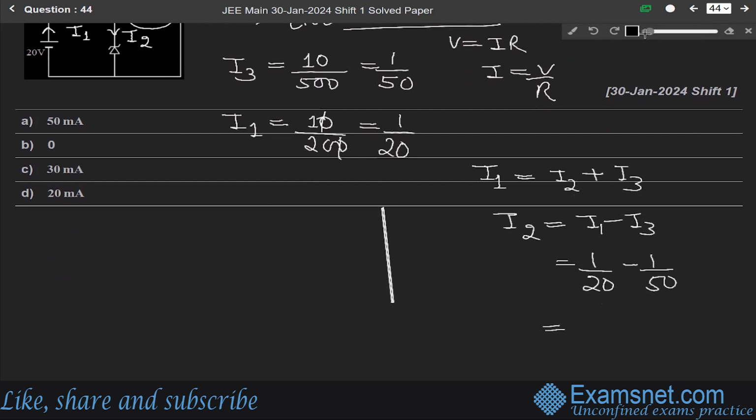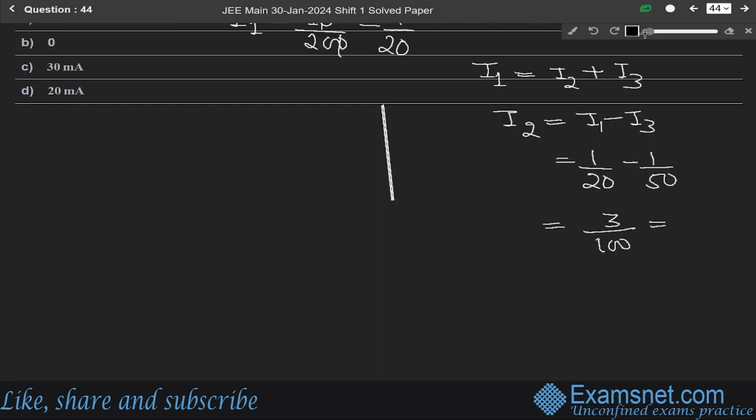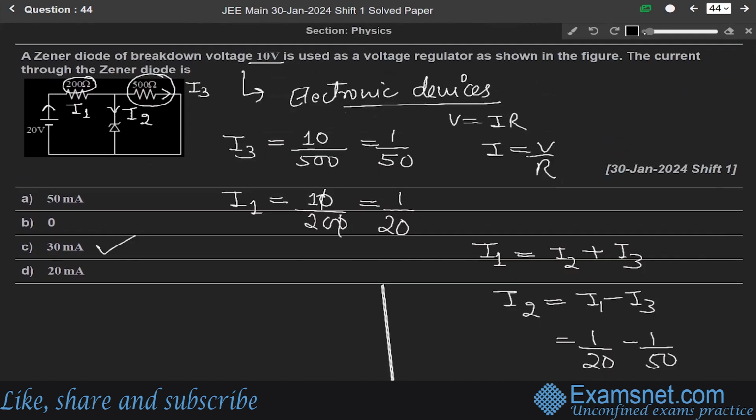So solving this we get 3 over 100, which means 30 milliampere. So the correct answer is option C. Since the supply voltage is 20 volt, we divide this 20 volt across the two resistors. This is 10 volt and this is also 10 volt.